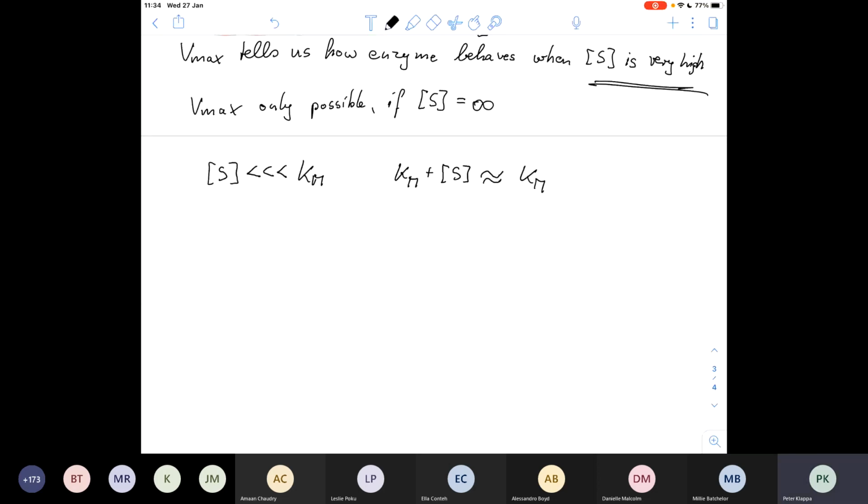I can write Km. Excellent, good thinking. So I can write the rate V equals Vmax times S divided by Km plus S. That was the original, and that is pretty close to Vmax times S over Km. Right?